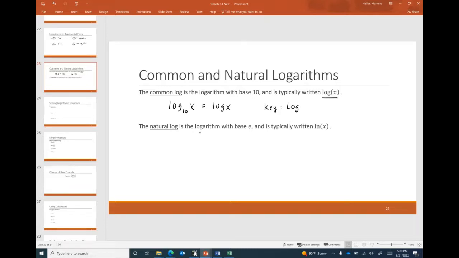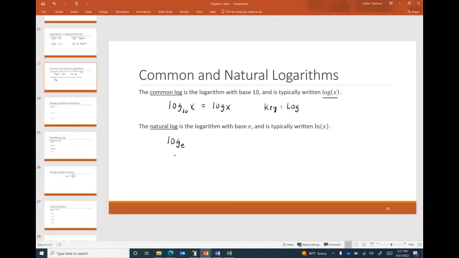All right, the natural log is the logarithmic expression with base e, and we typically write that as natural log, or ln of x. Remember, e is just Euler's number.